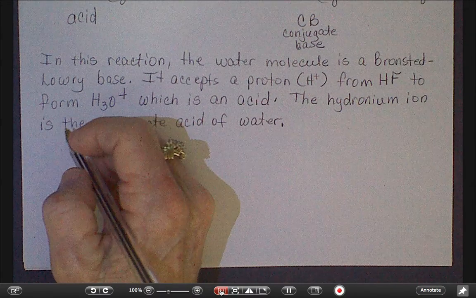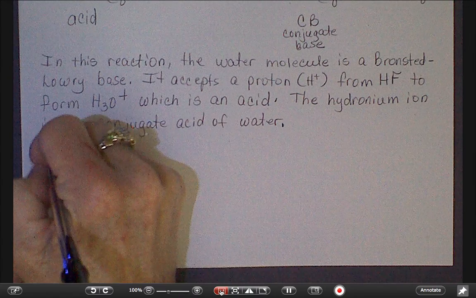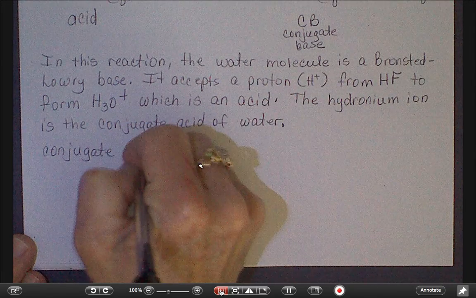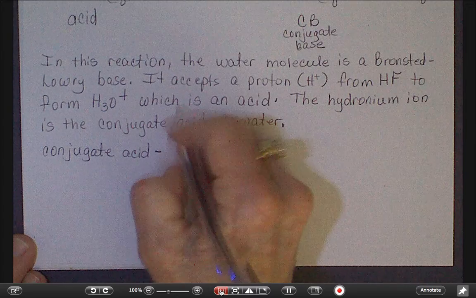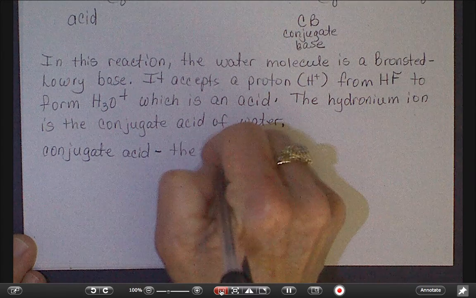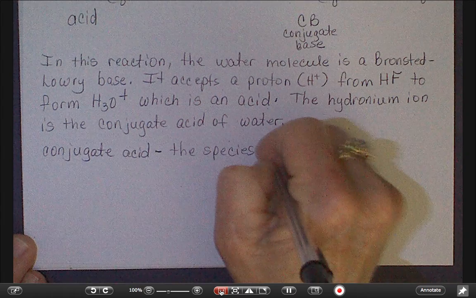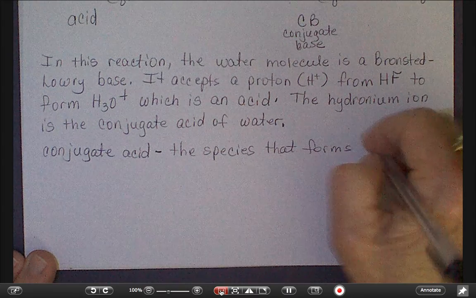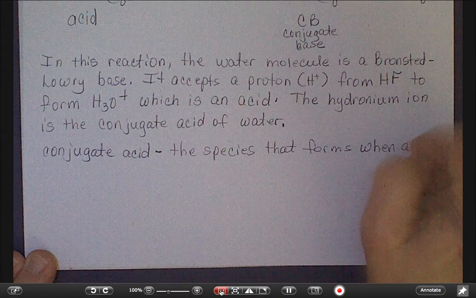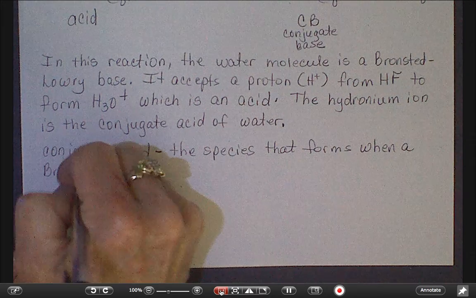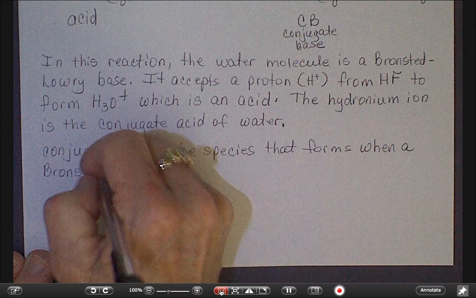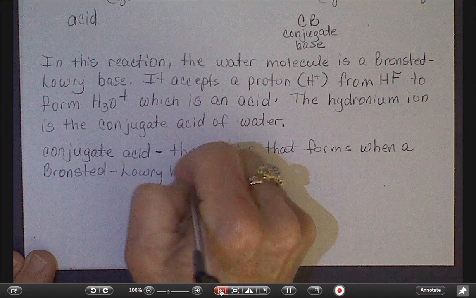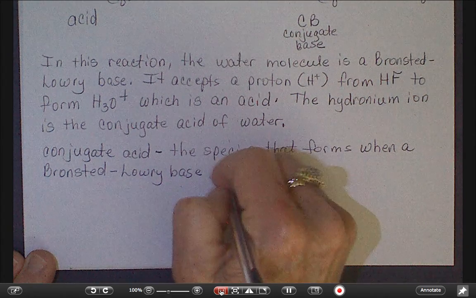Definition: conjugate acid. The species that forms when a Bronsted-Lowry base gains a proton.